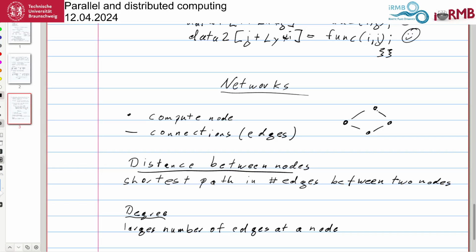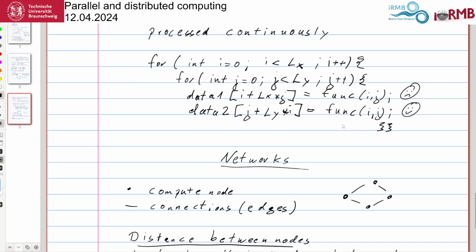So for example, what degree would this network up here have? It would have 2, because all the nodes have the same number of connections, and all of them have 2. And then we also have a diameter.